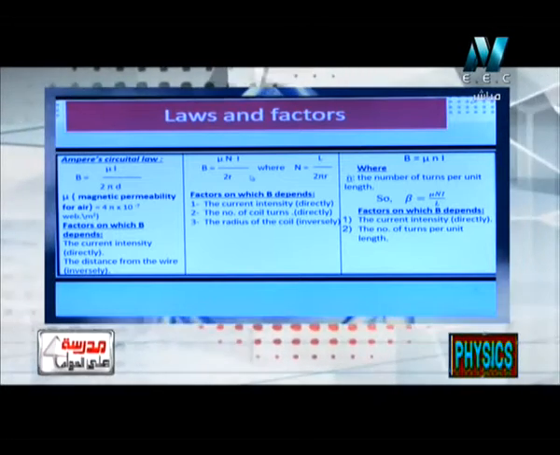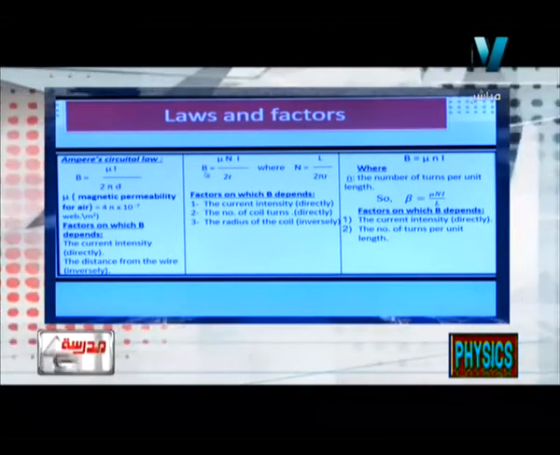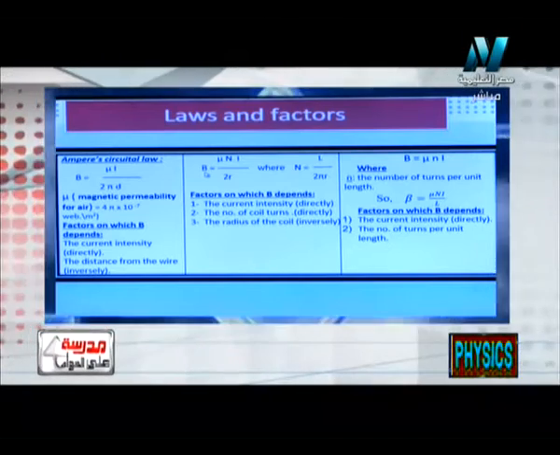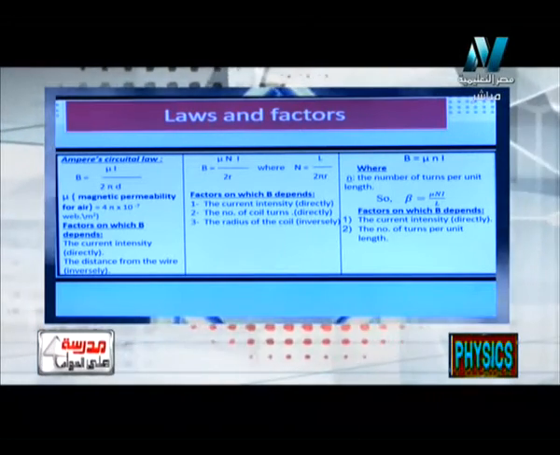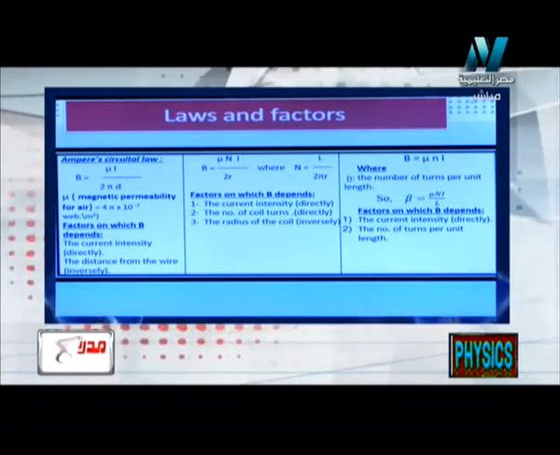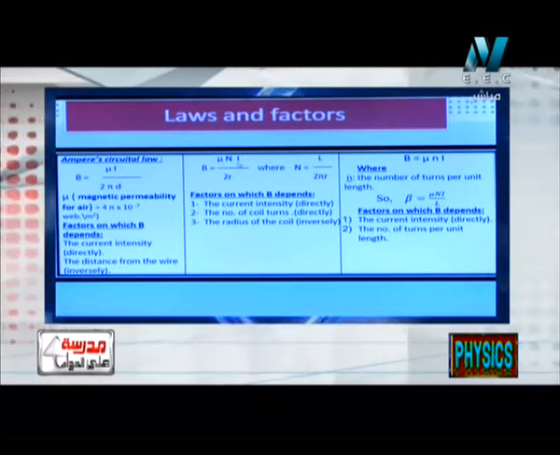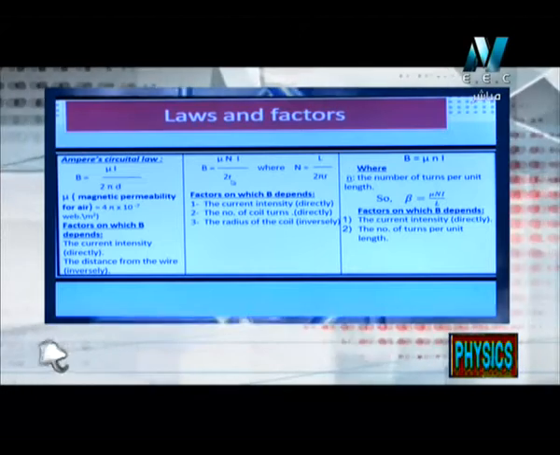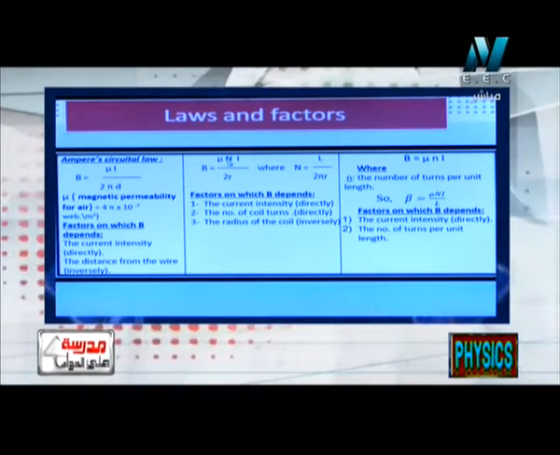What about the factors and the law of the magnetic flux density around a circular coil carrying a current? The law states that beta equals mu n I over 2r, where n means the number of turns.